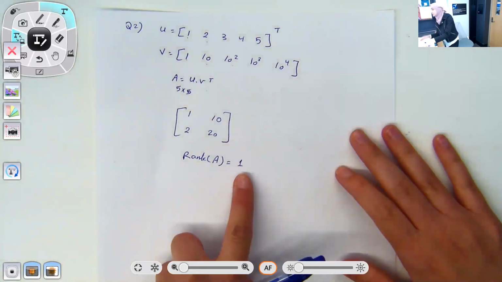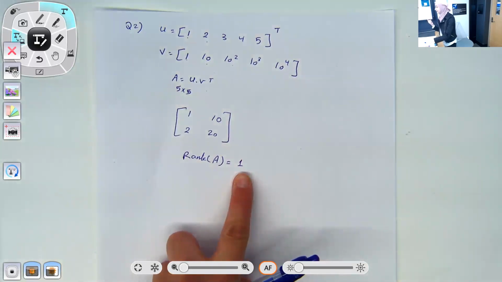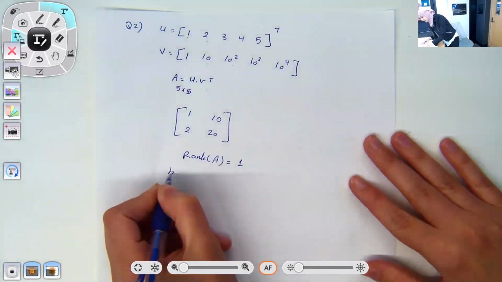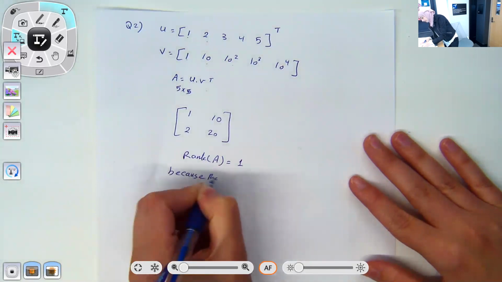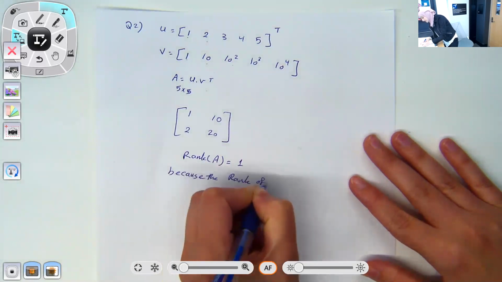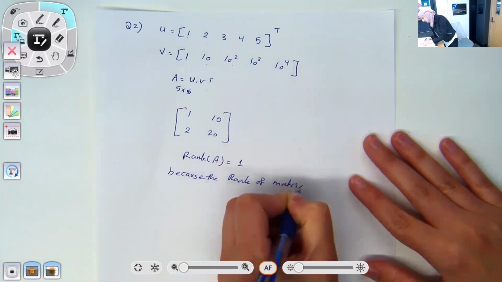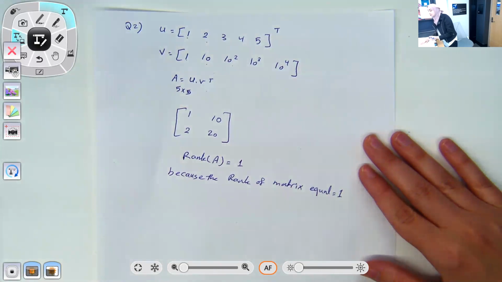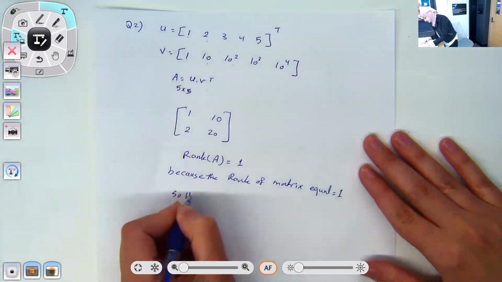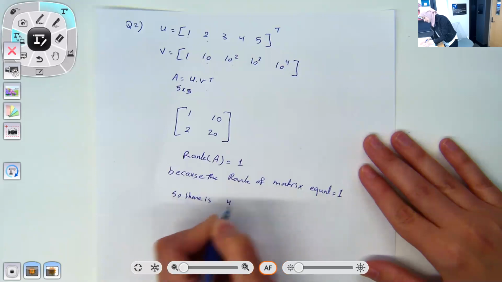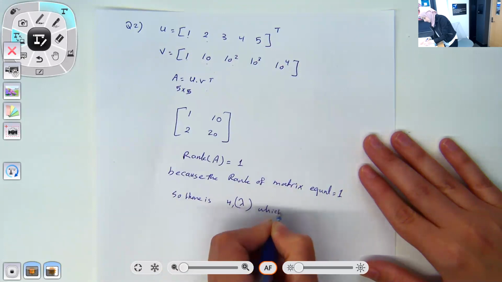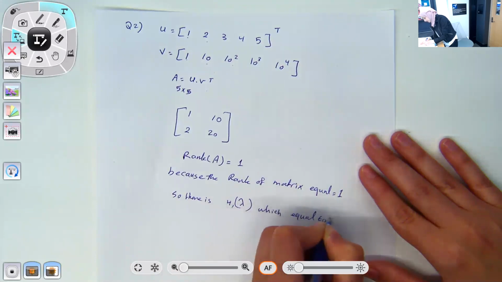Because the rank equals 1, we just have 1 nonzero number, and 4 lambdas equal 0.